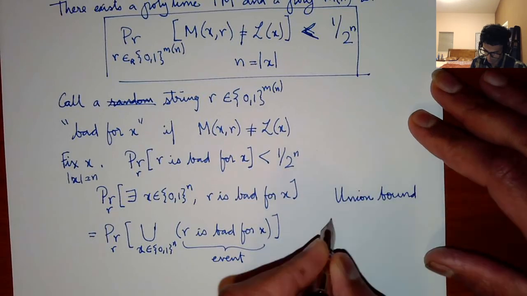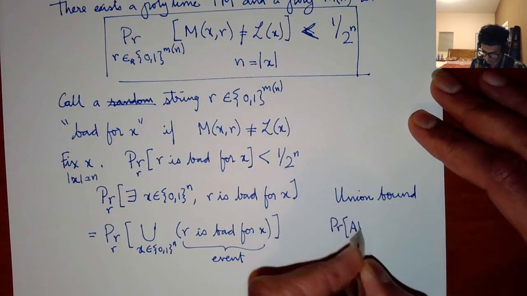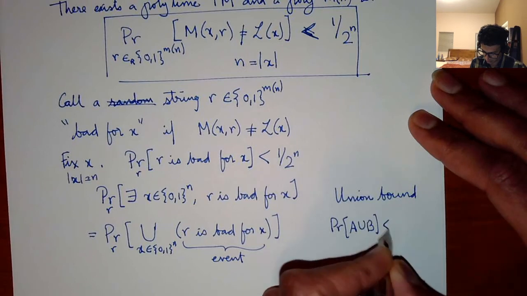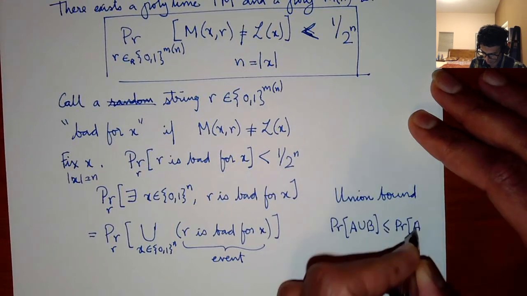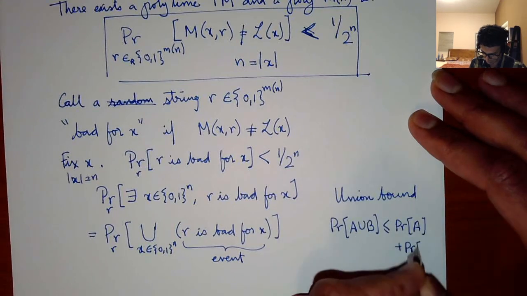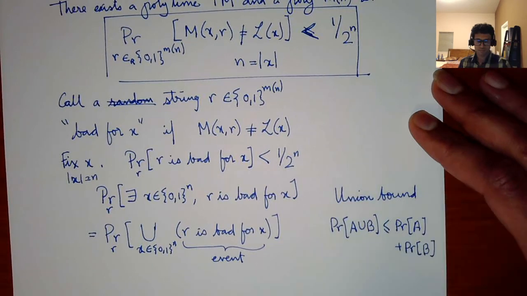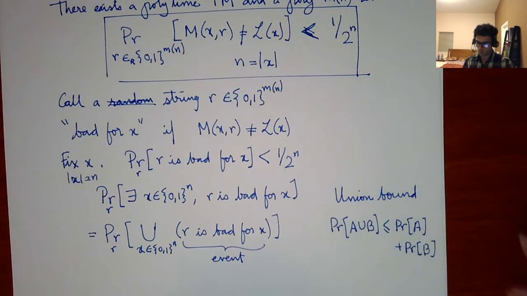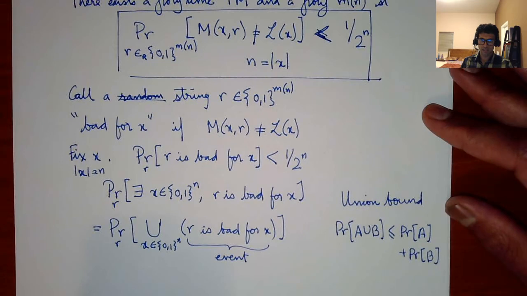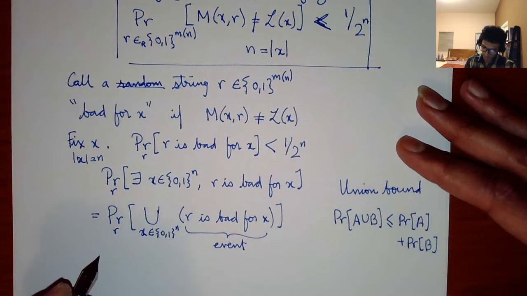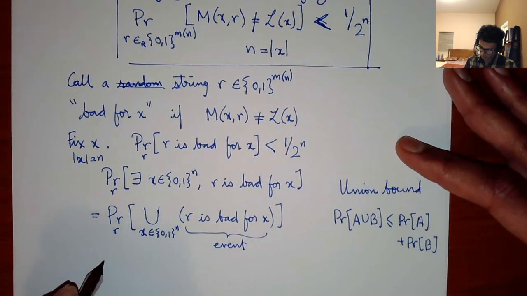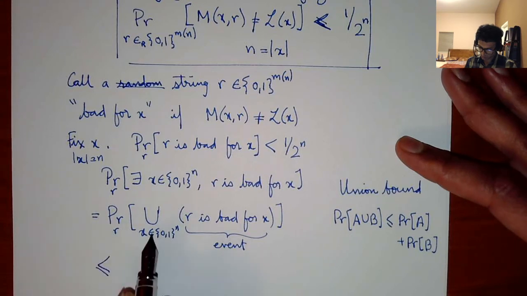The union bound simply says the probability of two events A union B is at most the probability of A plus the probability of B. This seemingly simple fact appears over and over again in the analysis of probabilistic algorithms. If we apply the union bound here, we can replace the union by a sum.